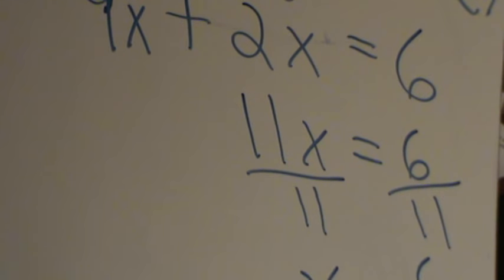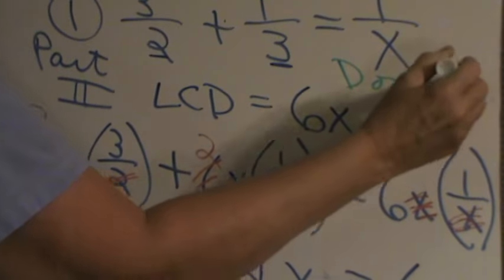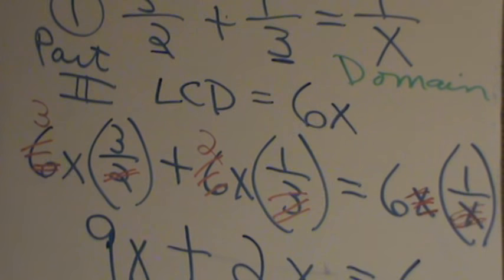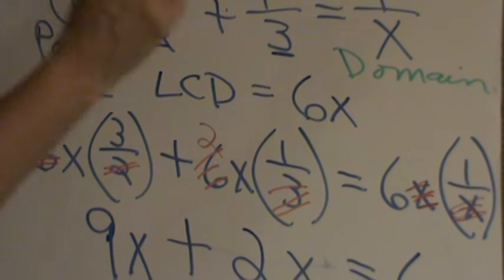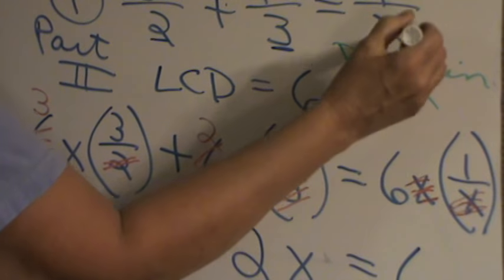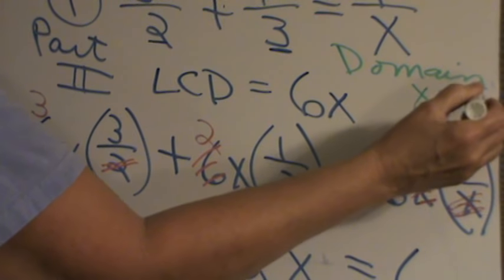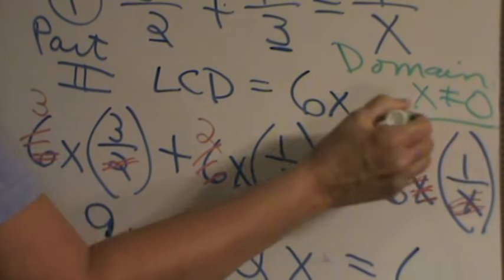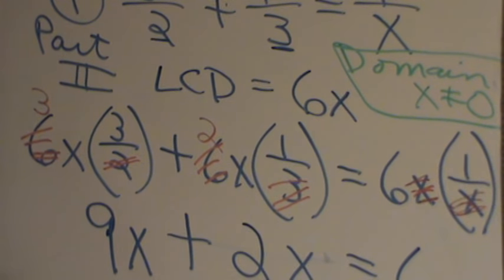Now, there's one thing that I promise you I always tend to forget. What was the domain up here? You don't have to write it in interval notation. You just have to kind of jot it down so you can check your answer. This denominator x cannot be 0. Correct? We didn't get 0.